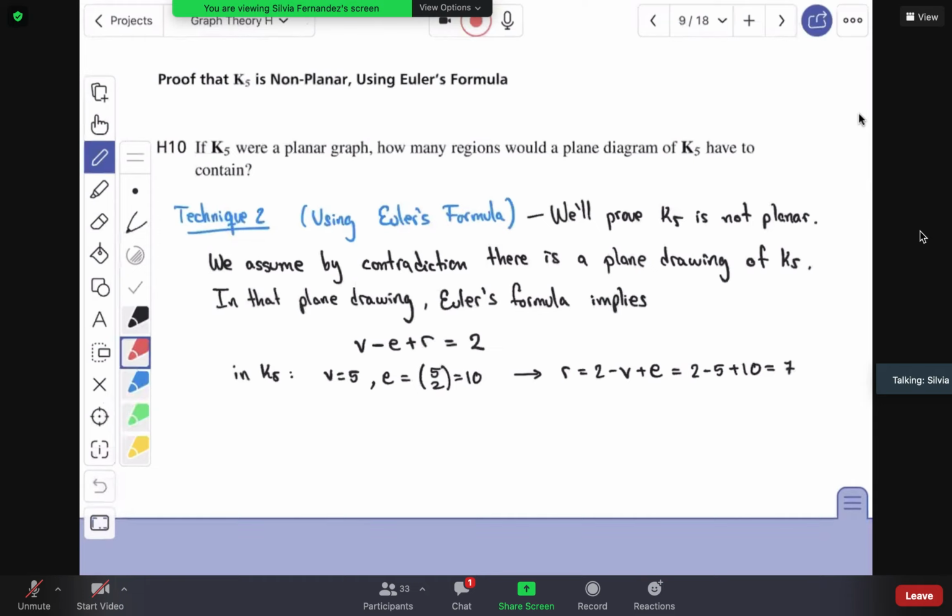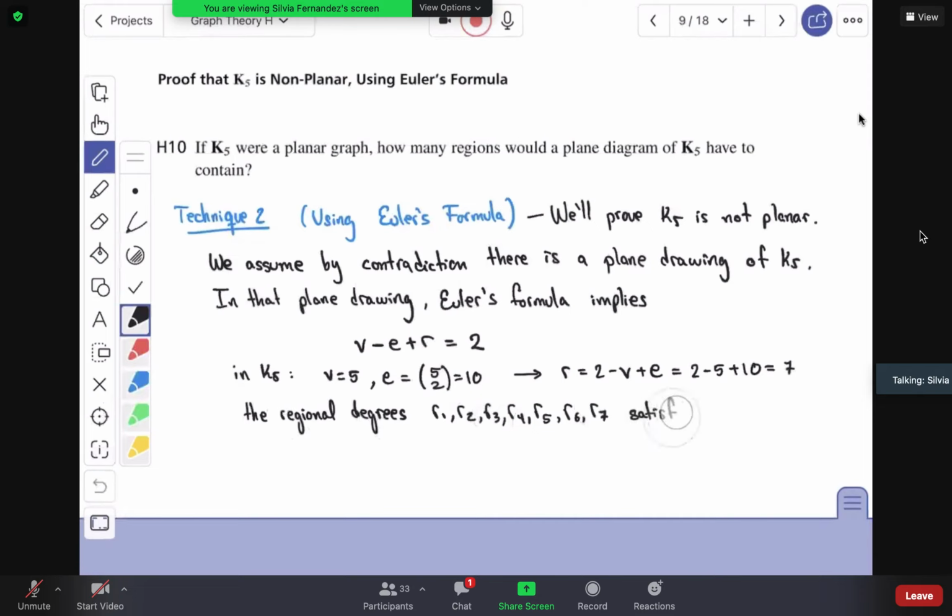So here we have that the regional degrees, I'm going to call them R1, R2, R3, R4, R5, R6, and R7, because there are 7 regions, right?